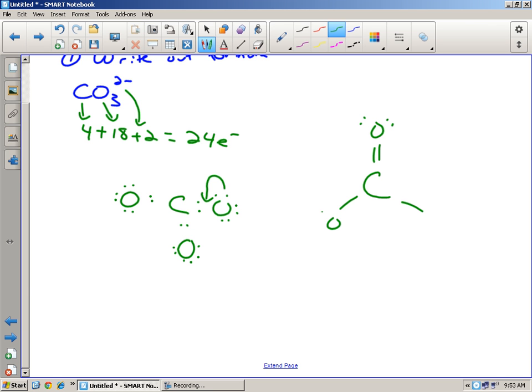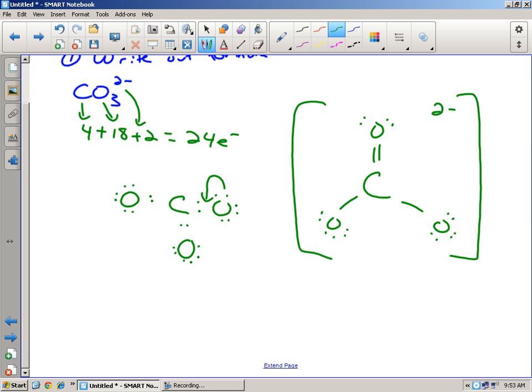Just to save a wee bit of time here. Okay? Like that. Remember, everything tries to spread themselves out as far as possible, right? Electron pairs repel each other, etc. So that's probably your best diagram here. Don't forget, if you're drawing a polyatomic ion, you need to put brackets and a charge.